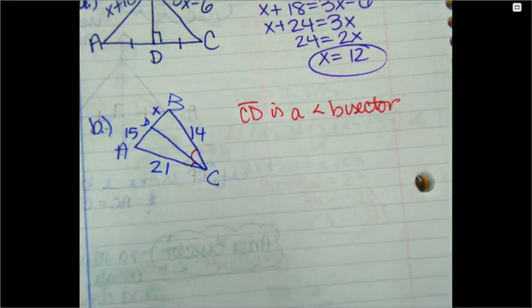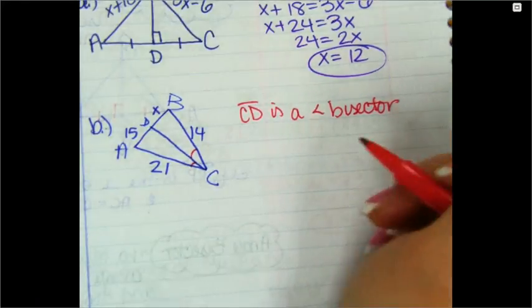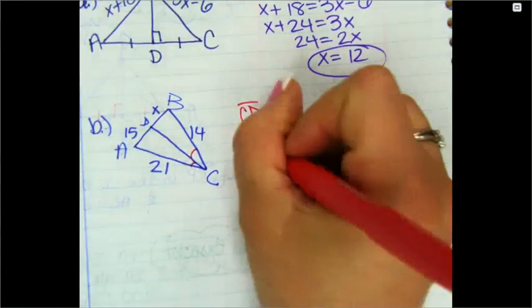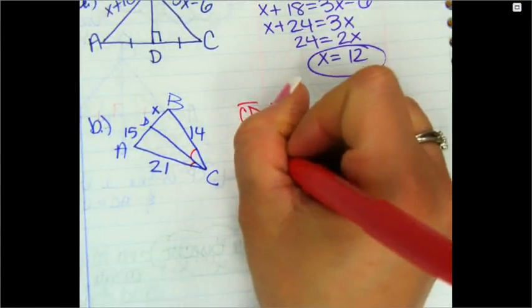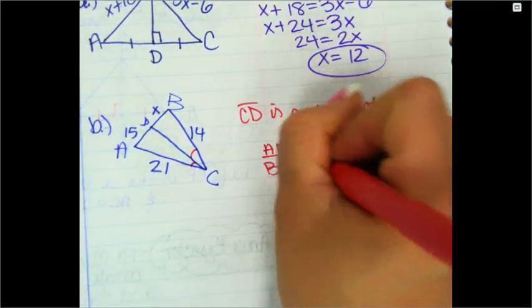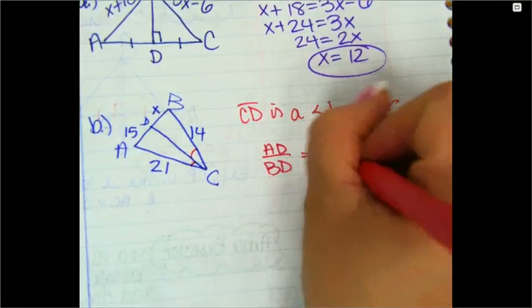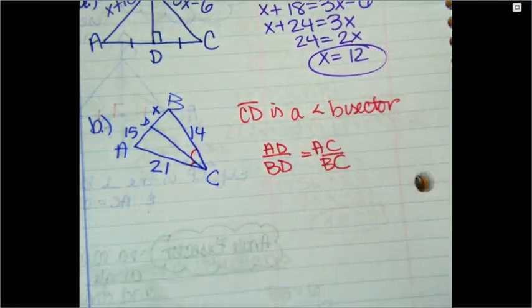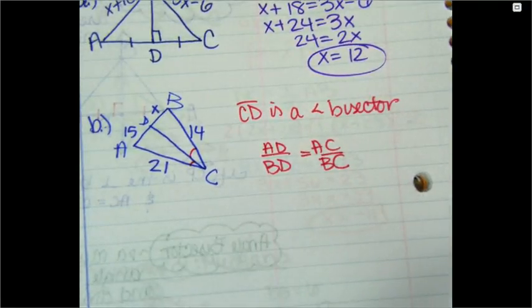So if I know it's an angle bisector, what can you say? That BC over AC is going to be BD over AD. I'm going to do AD over BD equals AC over BC. Same thing. Okay, so what do I know?